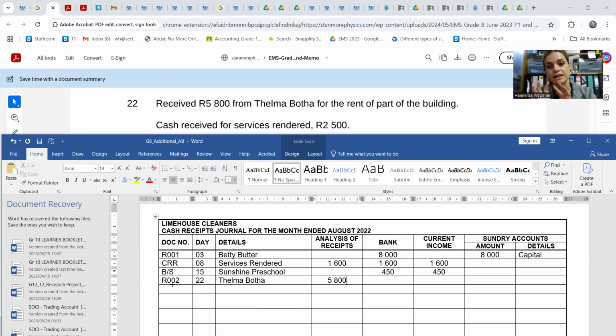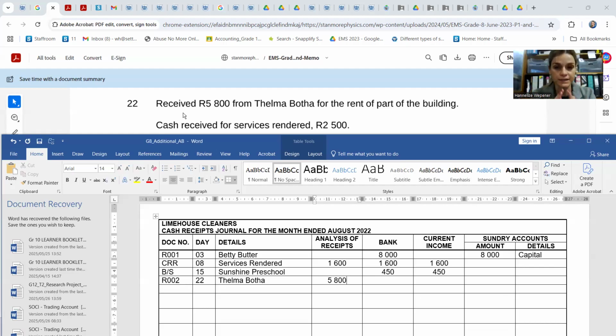However, I'm not going to take it to bank immediately because I had more than one cash receipt on the same day, which means that I need to add these 2 amounts in bank. I'm going to take all of my cash received at my business premises on the 22nd and go to the bank one time to avoid all of those bank charges.